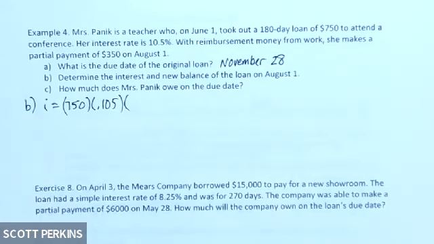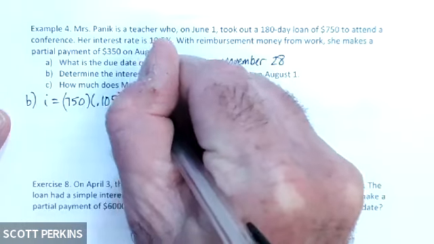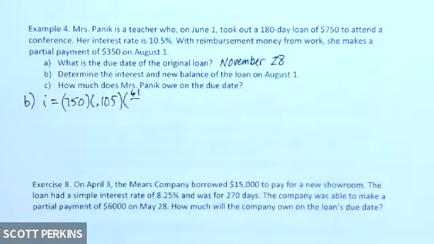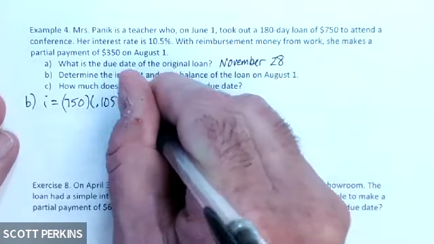Looking at the table, June 1st was the 152nd day. August 1st is the 213th day. So 213 minus 152 is equal to 61 days. This is an annual interest rate, so don't forget the banker's rule. So it's 61 out of 360.